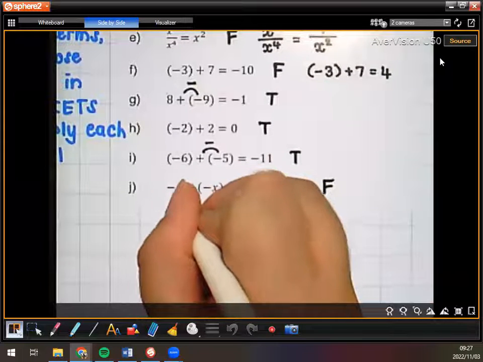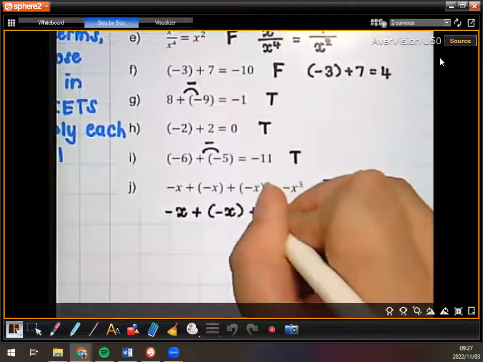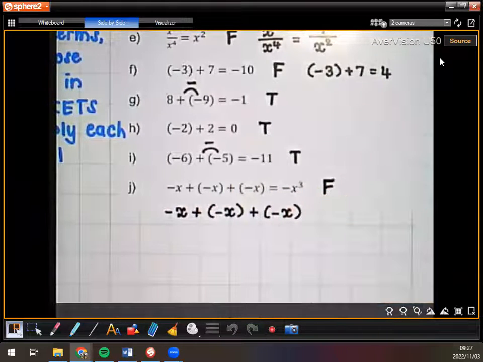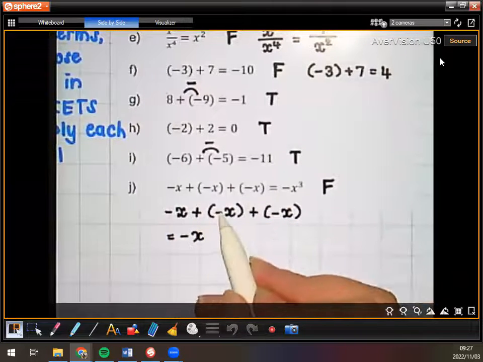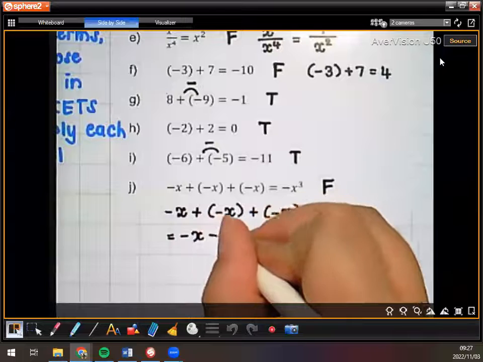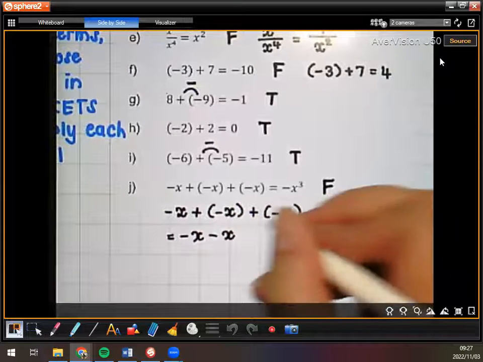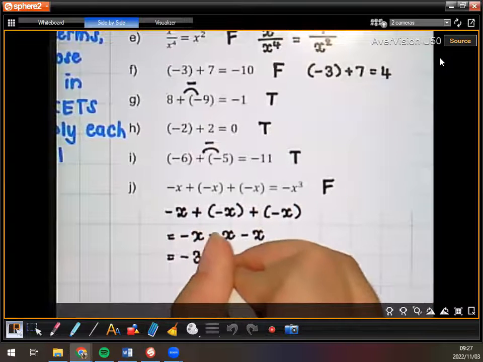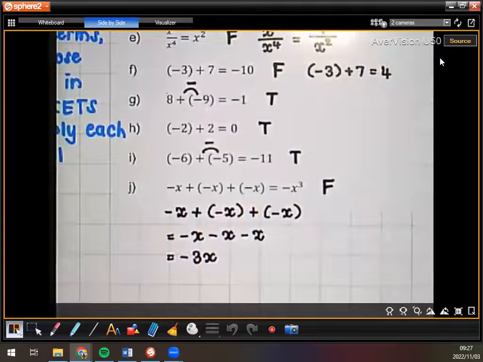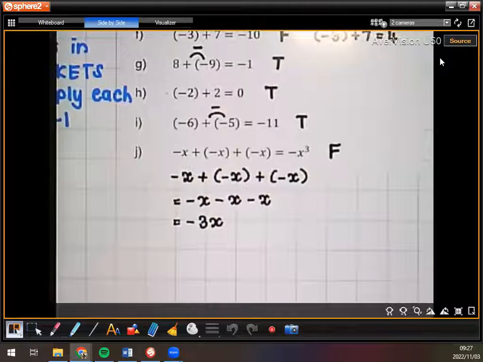If you have negative x plus negative x plus negative x, what is a positive times a negative? Negative. And again, what's a positive times a negative? Negative. So that is equal to negative 3x. And that's why that one is false. You need to be adding and not multiplying.